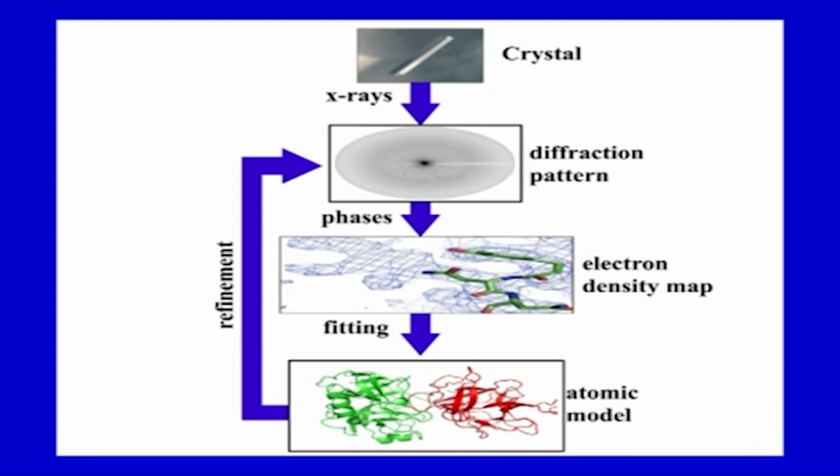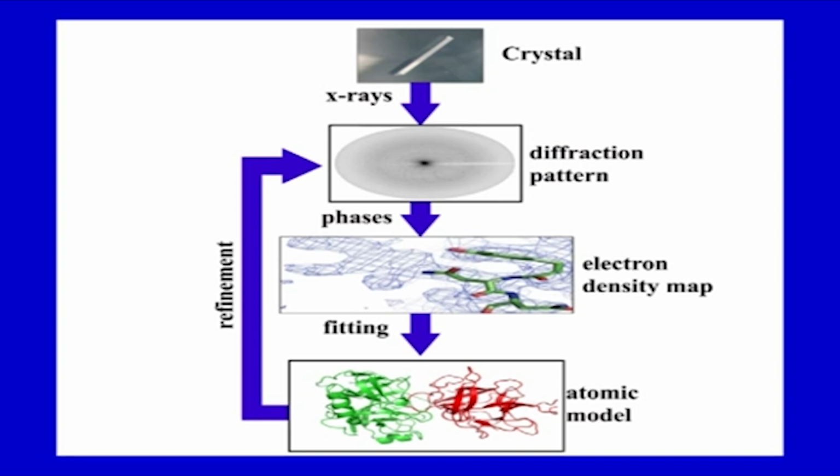So, the pattern is recorded in between, and this pattern is not focused, and image formation is not taking place. The image formation is done by going backwards through the Fourier transform method, and Fourier transform finally makes an electron density map, which we call phase solution actually, and the problem is called the phase problem.